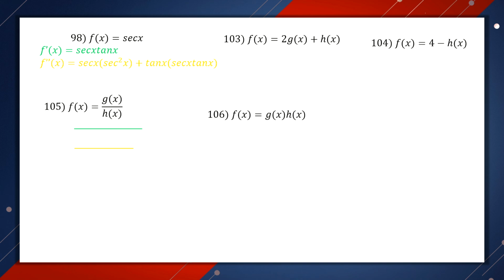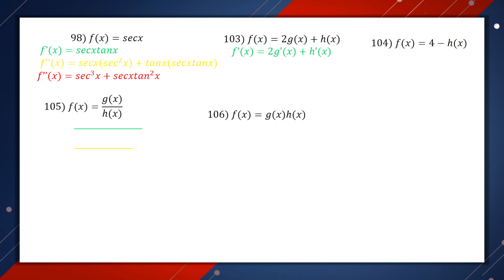So it becomes secant x times secant squared x plus tangent x times secant x times tangent x. And we further simplify it. It becomes secant to the power 3 of x plus secant x times tangent squared x. This is our final answer.